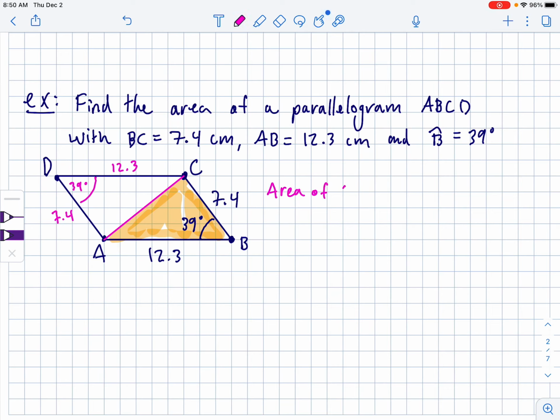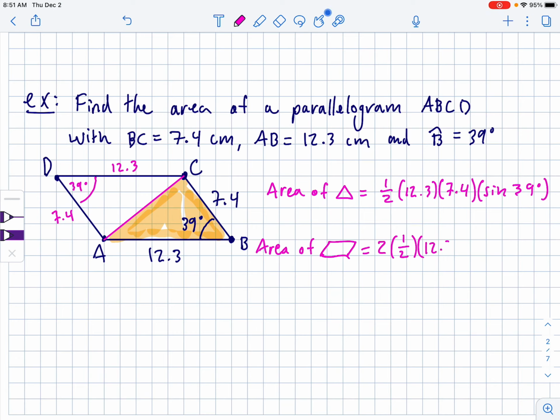So the area of the triangle is 1/2 times 12.3 times 7.4 times the sine of 39 degrees. But if we want the area of the parallelogram, we just need to double that. That's my drawing of a parallelogram. 2 times 1/2 times 12.3 times 7.4 times sine of 39.